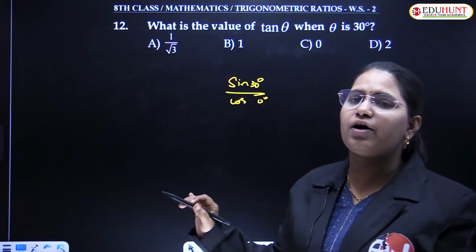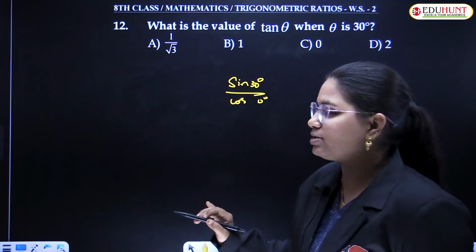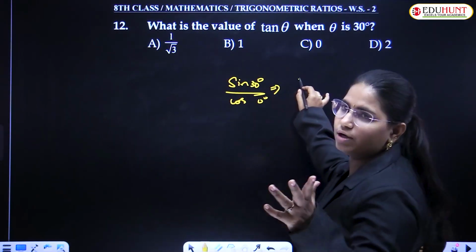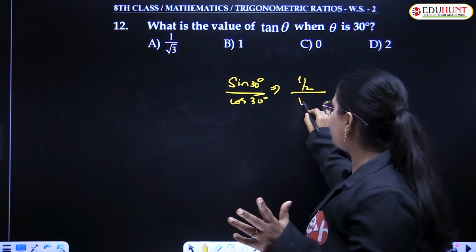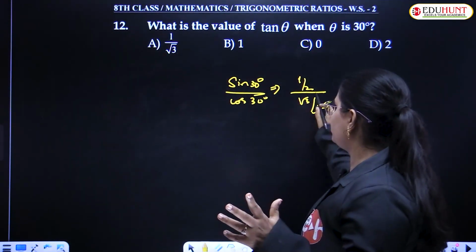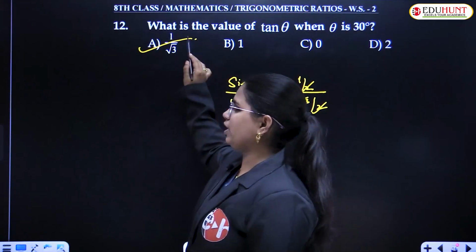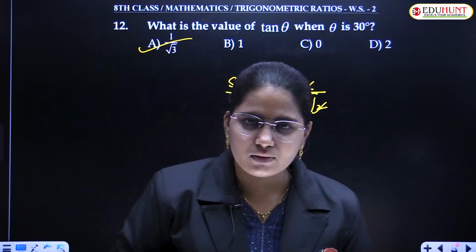Tan theta can be defined as the ratio of sine upon cos, correct? So what is the value of sin 30? You are familiar, which is 1 by 2. And the value of cos 30 is root 3 by 2. The 2 will get cancelled. What is the value of tan 30? Which is 1 by root 3, correct?